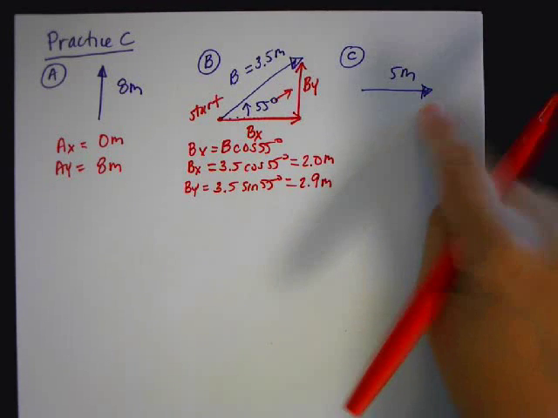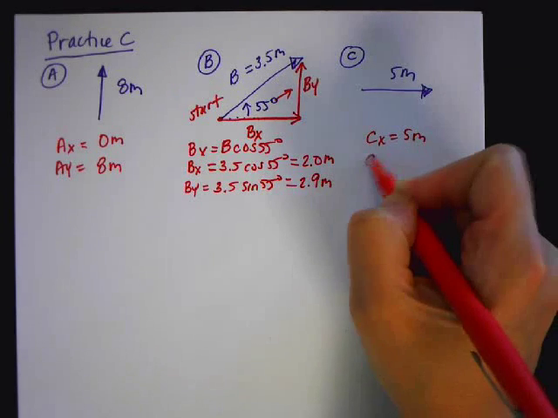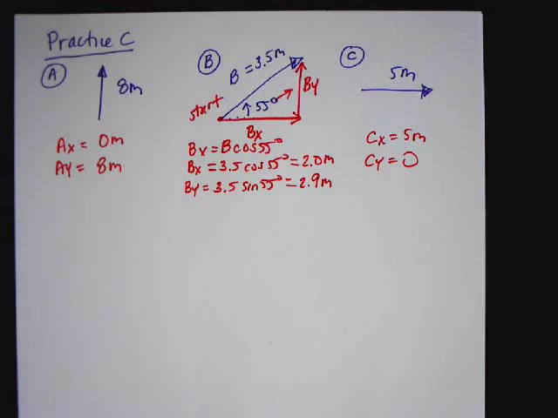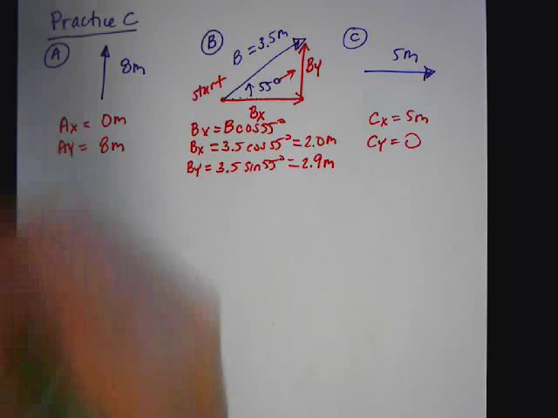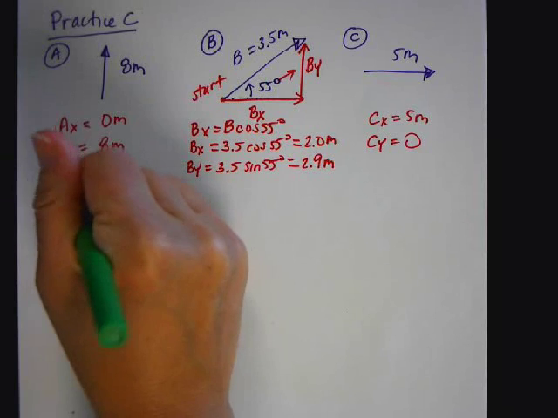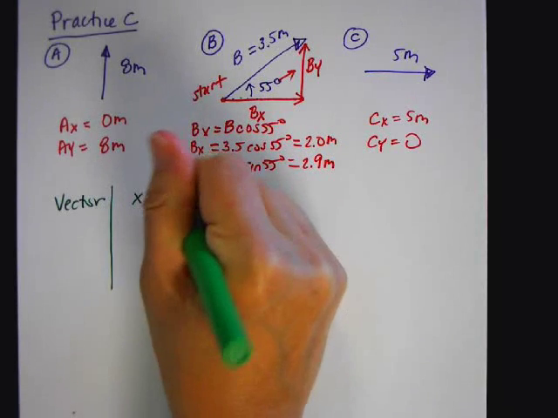Now, there are different ways to do this. In the notes I showed you, just add up all your X's and all your Y's. The issue is sometimes you have positive and negative, so I recommend making a table. What do I mean by that? If I have a table like this, and I say vector, and I have X, and I have Y, this is going to be A, this is going to be B, this is going to be C, and then I want to find my resultant.